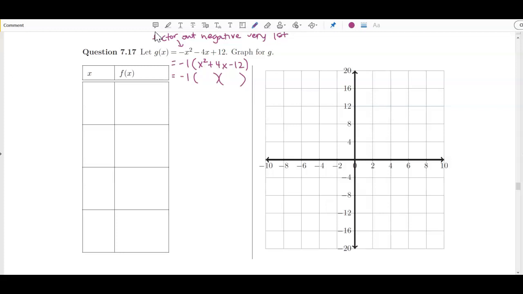What times what is -12 that would add to be positive 4? 6 and -2. Yeah, so positive 6 and -2. All right, because we want it to end up being a positive 4.